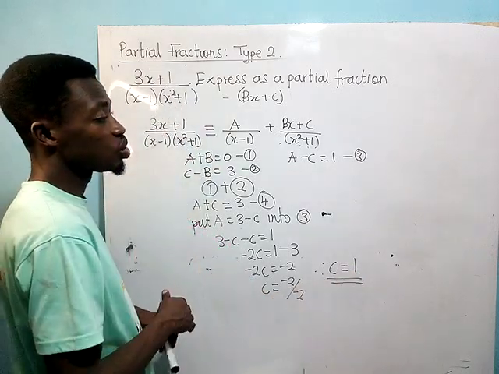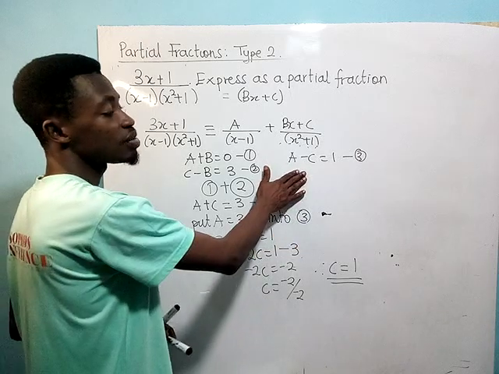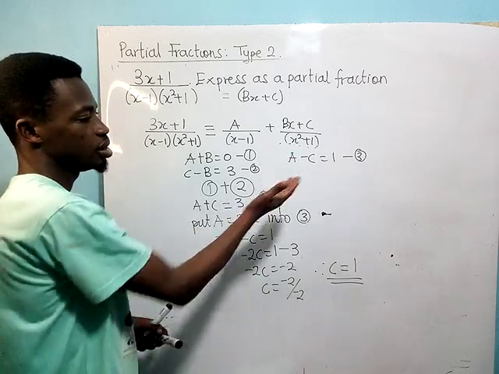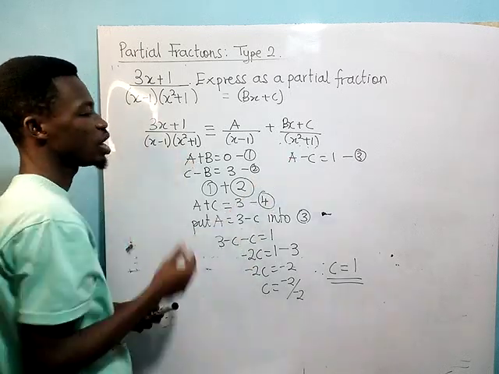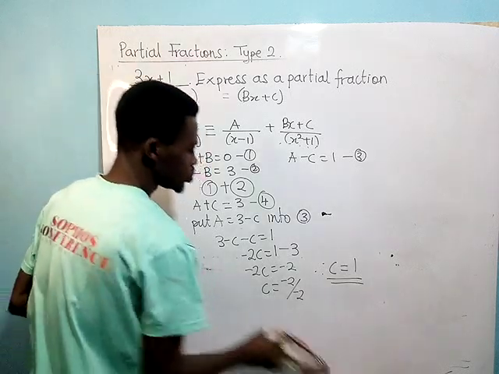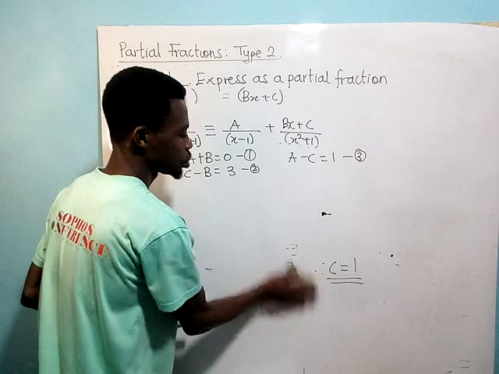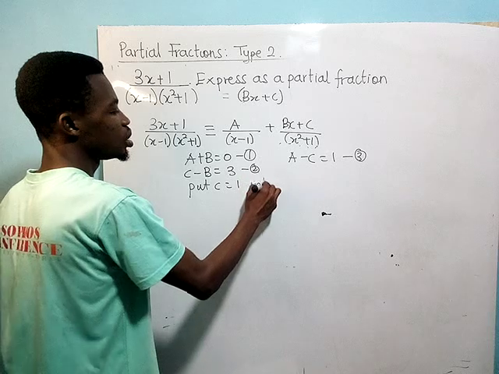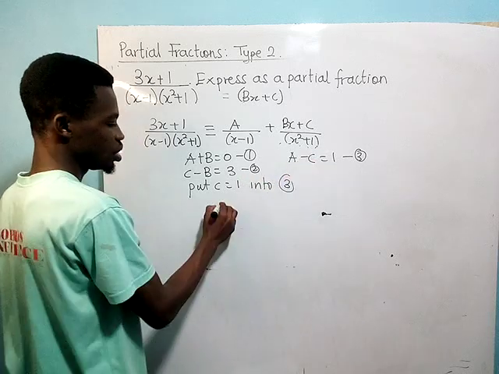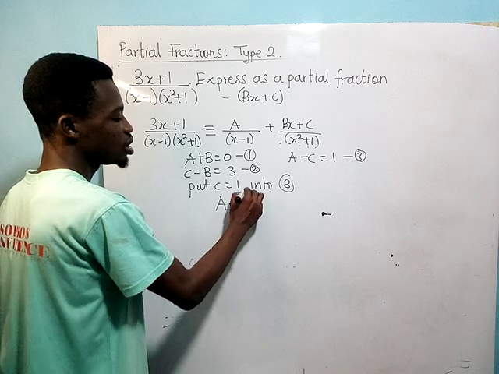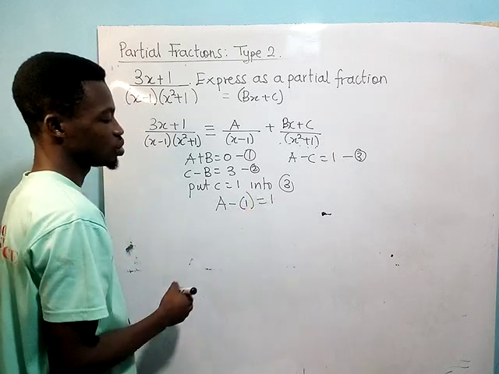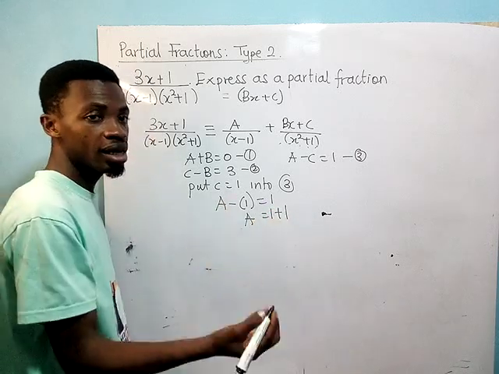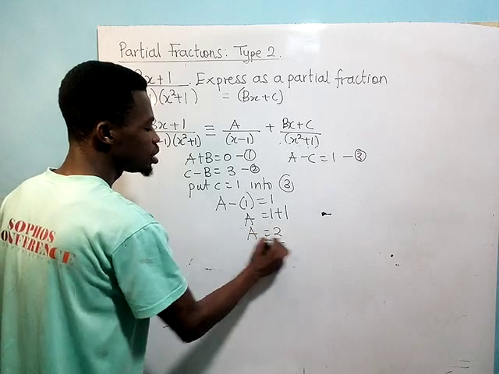Since our c is equal to positive 1, we can substitute to obtain our A, and later, since we obtain A, we can also find our b. So put c = 1 into equation 3. We have A − 1 = 1, where A = 1 + 1, so A is equal to positive 2.